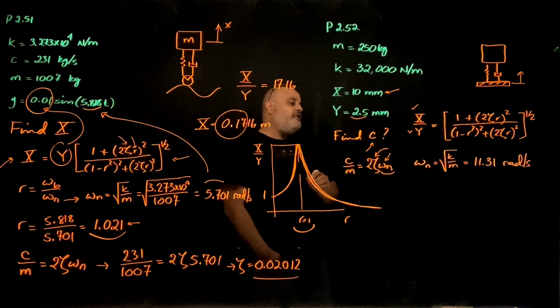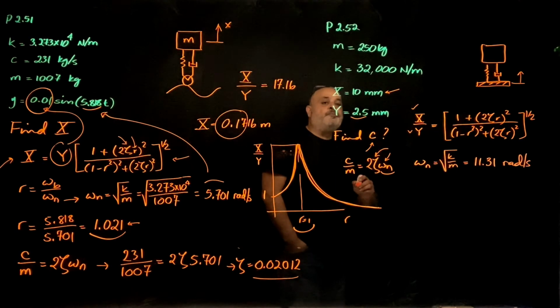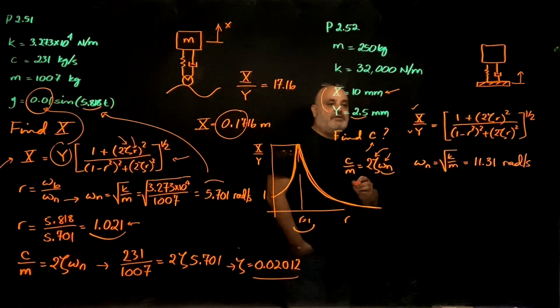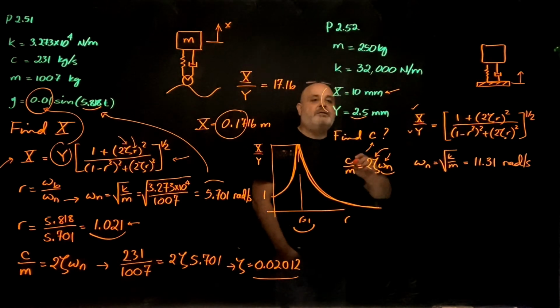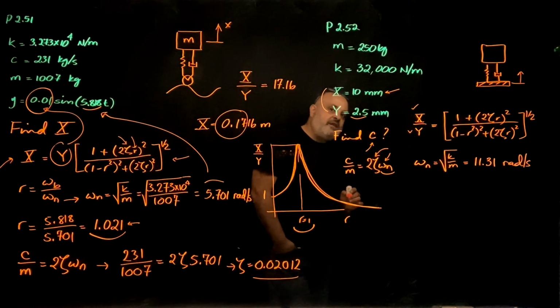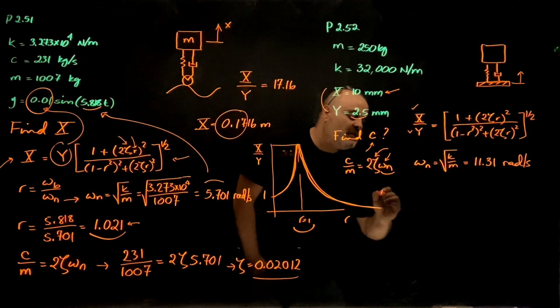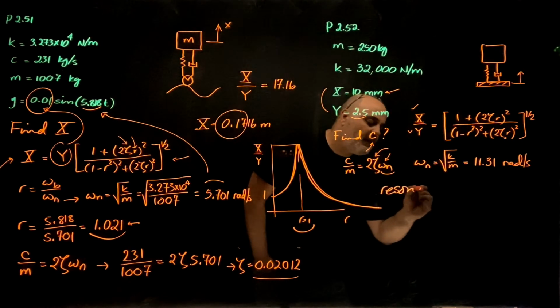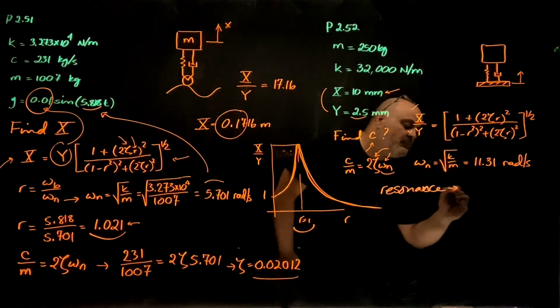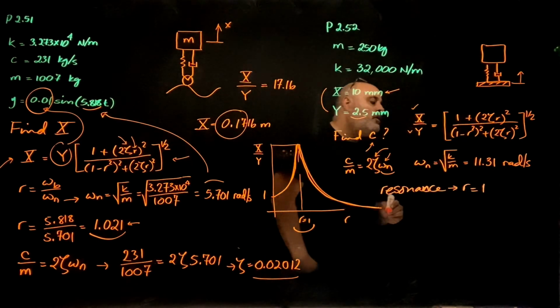Now the other piece of information given is that this happens at resonance. The problem says that this motion is observed at resonance, which means that r is equal to 1.